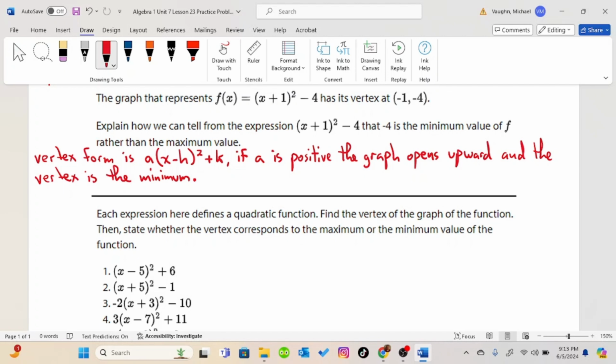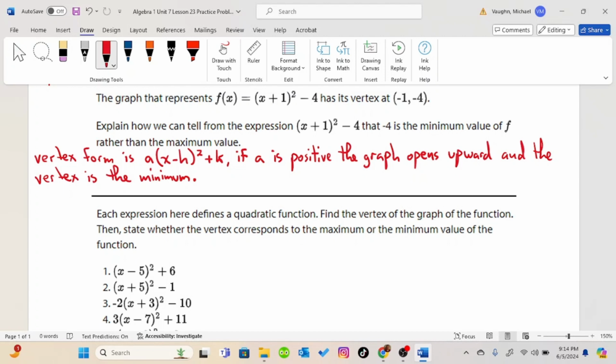So here we don't see an a, so a is understood to be 1. 1 is positive, so this graph opens upward and the vertex is the minimum. If we had a negative a, then the graph would open downward and the vertex would be the maximum.